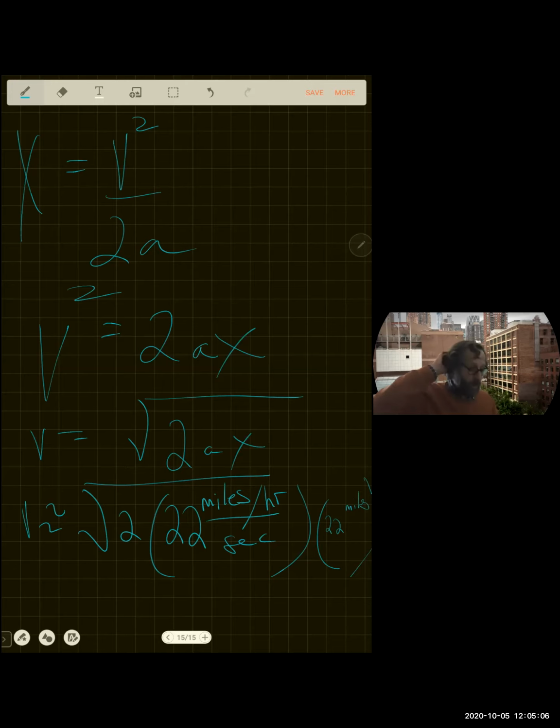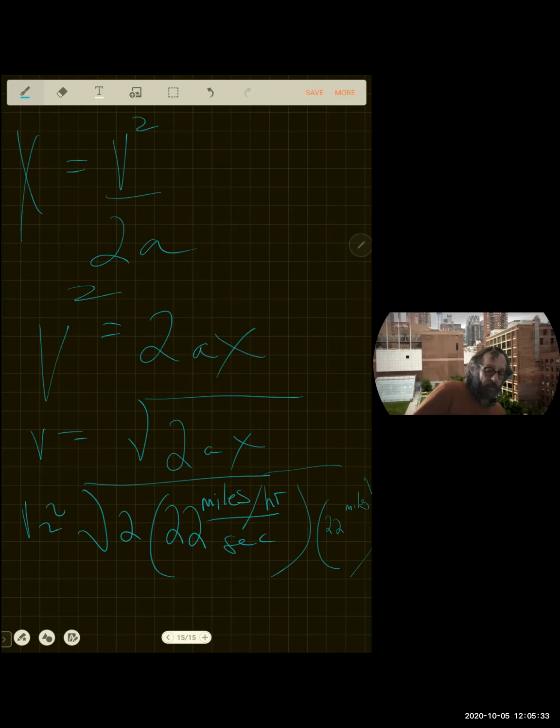Like what Alyssa did before, she picked the right equation, she arranged it correctly, she put in the right numbers. Now, what I'm advising is it's really good to put in the units too, because sometimes you can get lucky and get away with the numbers working even ignoring the units, which is kind of what happened last time because we had to multiply by 60 and divide by 60. So the units turned out to correct themselves. But here, it's not quite that way.